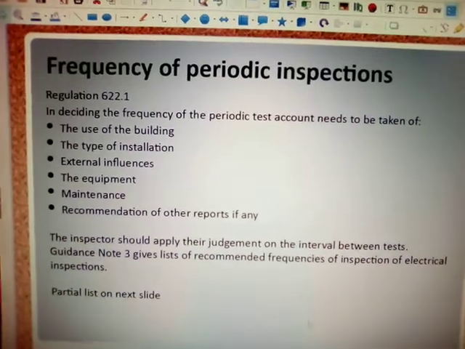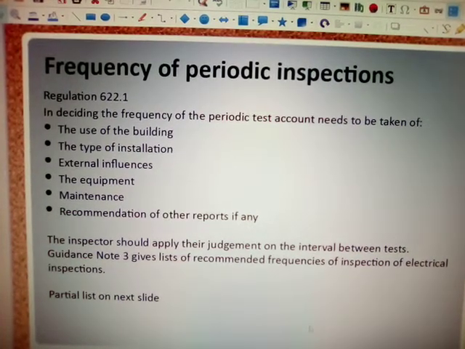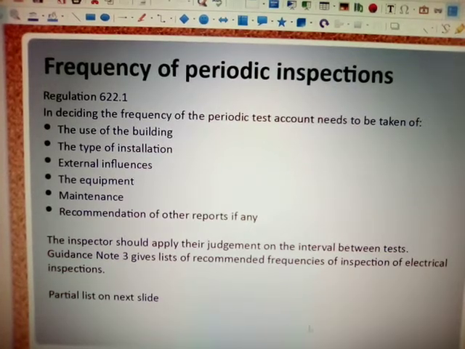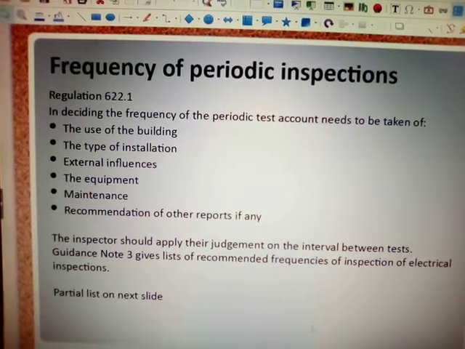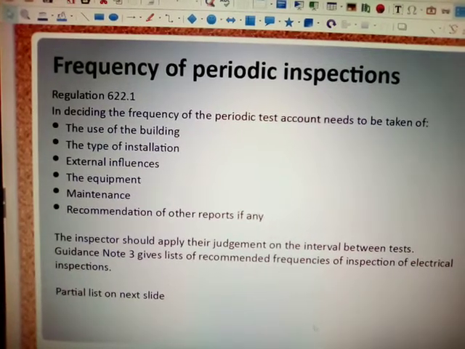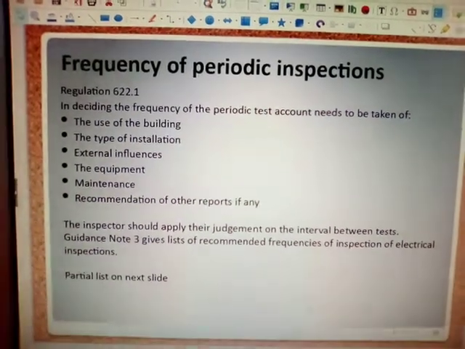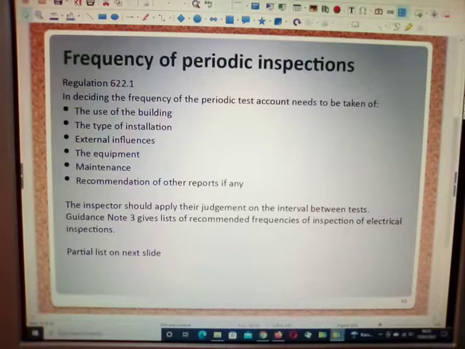You need to refer to the IET regs to ensure that there has not been any modification or changes to the regulations in respect of this information which is now being given. That is your responsibility, and it is your job to ensure that you are up to date with the current regulations.